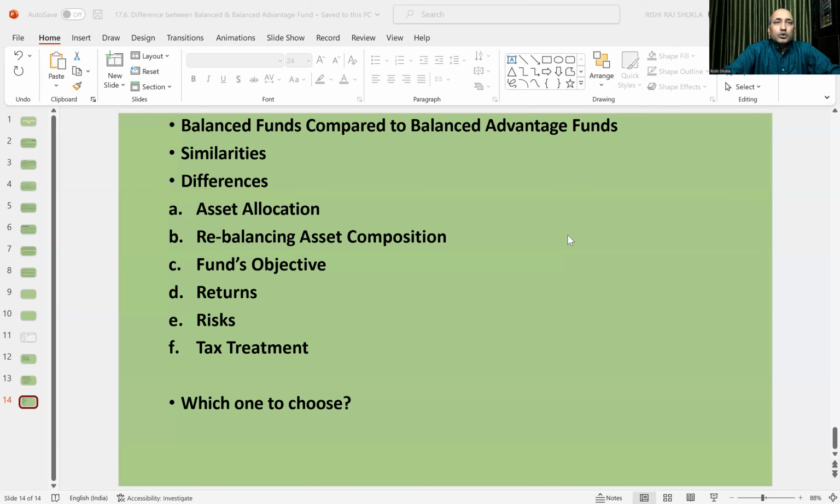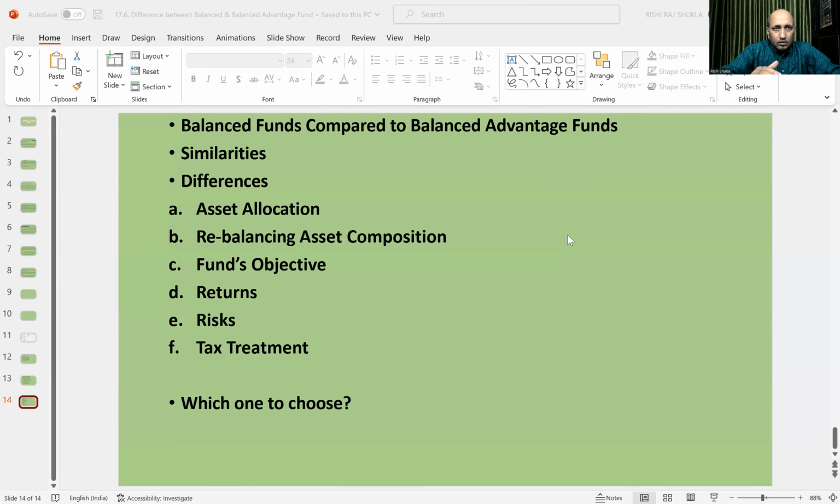So which one to choose? Now, this more prominent question is: which one should we choose? In my view, a balanced fund is suitable for conservative investors, and whosoever is risk averse, wants less risk, and has a long-term view should go with a balanced fund, especially senior citizens.